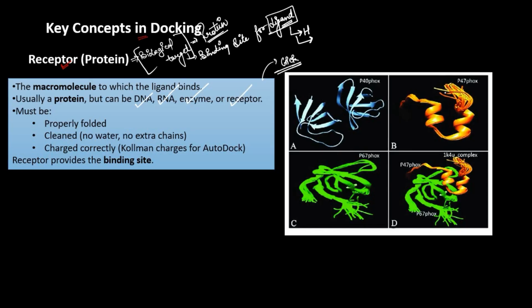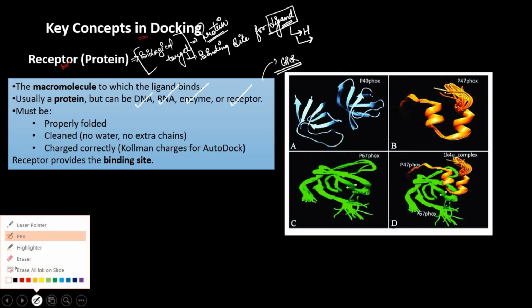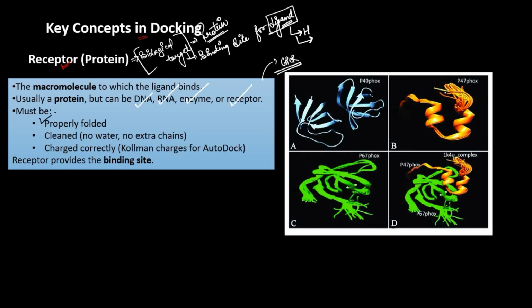Okay. Now, whenever we select the receptor for molecular docking, there are some criteria which must be considered. What are the criteria? Your protein must be properly folded, and we clean this protein. Next step is cleaning. Your protein should be clean.